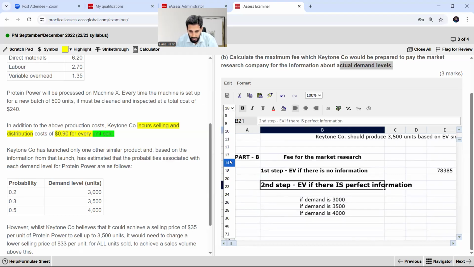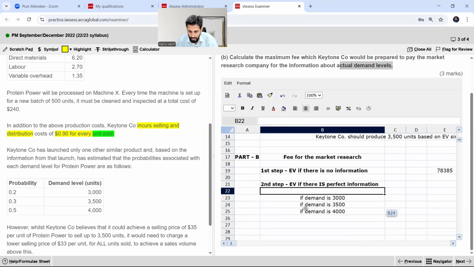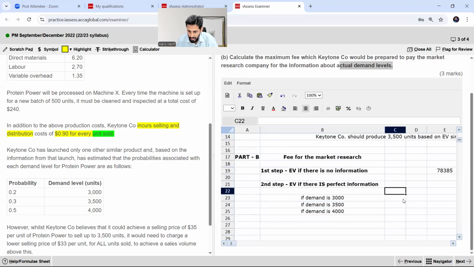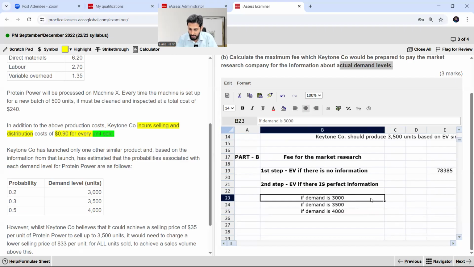The font size should not be 18, it should be 14. So all these should be 14. Okay, now let me adjust the font size.